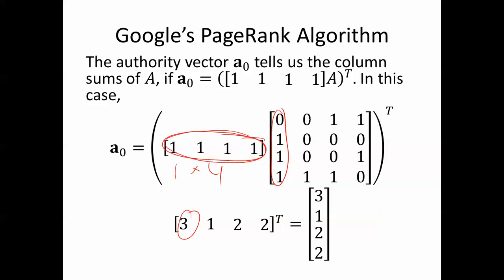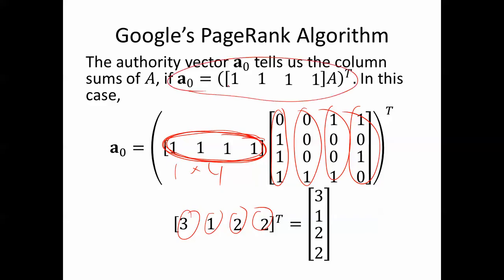Dot product of this row and this column gives you 1. This row and this column gives you 2. This row and this column gives you 2. Okay, so you end up with 3, 1, 2, 2. But if you want a row vector instead of a column vector, you would just take the transpose. Okay, so again, this formula enables us to figure out the column sums so that you can determine which is the authority, which gets referenced the most.